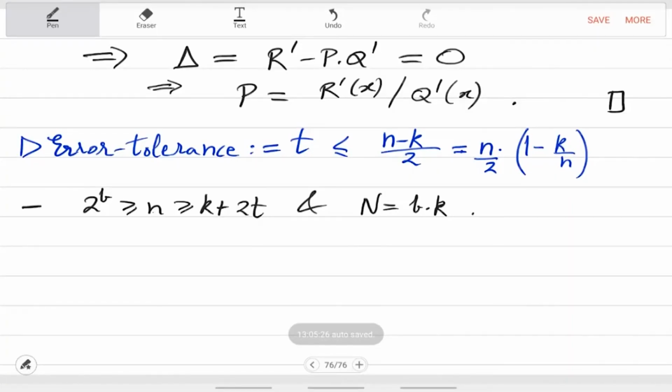So remember that you have started with big N, that was the given parameter. And with that given, you can just choose k, b, and little n to get the error tolerance you need.